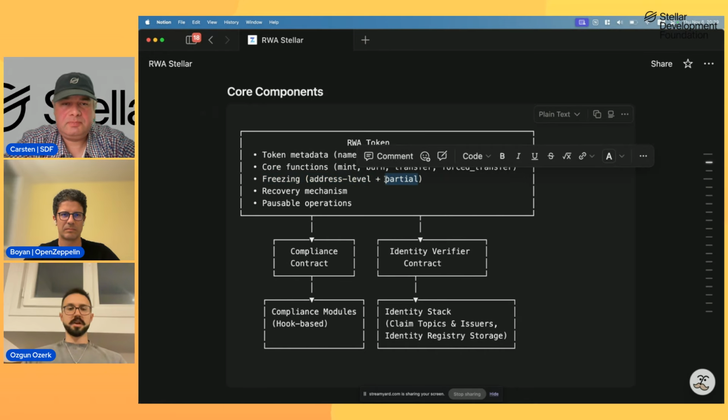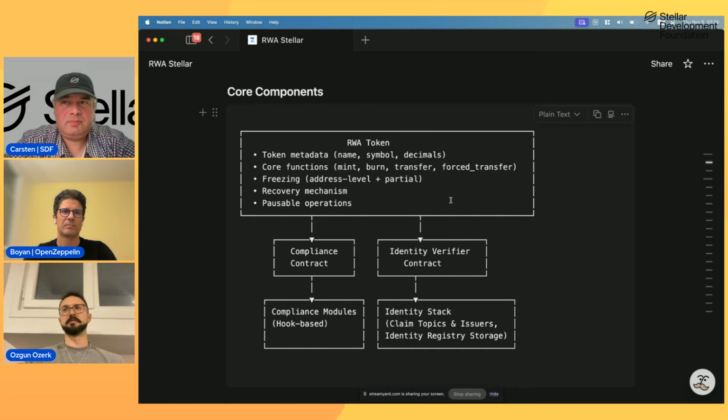Partial means we can freeze some part of your wallet balance. For example, maybe you have 2000 in your balance and we only froze 500 of it. And address level means your address is frozen for every transfer, mint, etc. operation. So basically you are on hold.